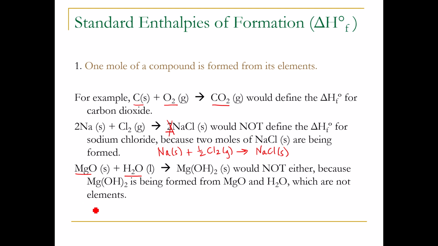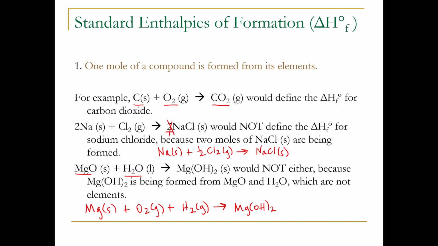So if I wanted to write a heat of formation for MgOH2, I would start with magnesium solid plus O2 gas plus H2 gas. Alright, and that would give me my MgOH2. And this one would already be balanced. Alright, so only elements on the left side. Only 1 mole of product on the right side.